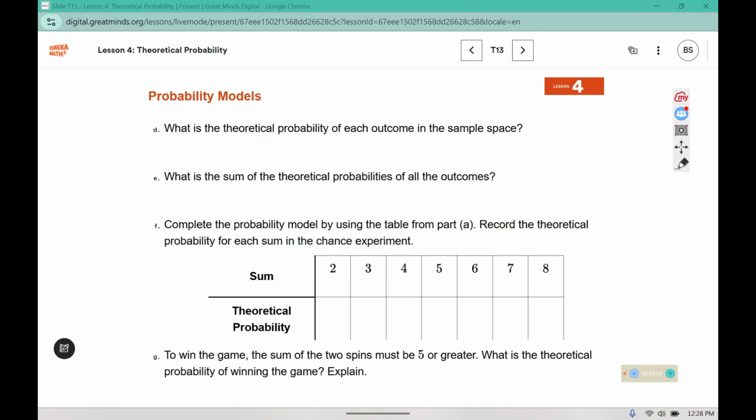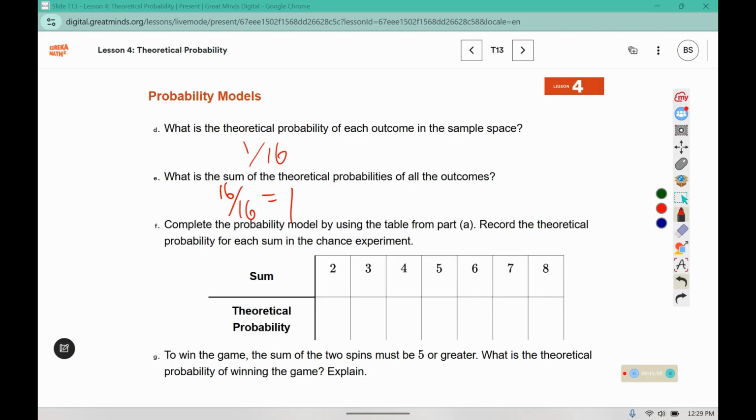So what is the theoretical probability of each outcome in the sample space? That would be 1 out of 16. What is the sum of all theoretical probabilities of all the outcomes? Well, there are 16 out of 16, which is a sum of 1.